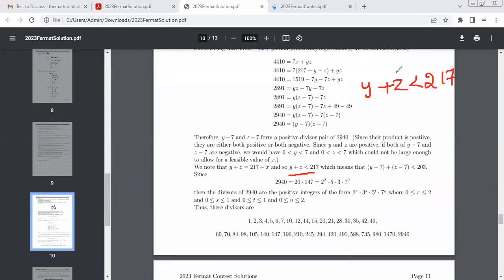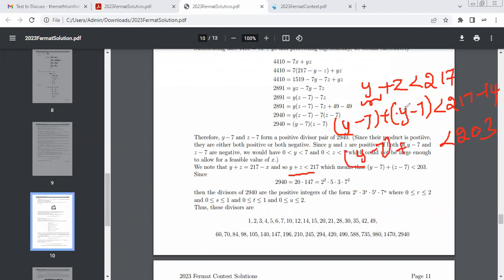Now they have just subtracted 7 from here, and again they have subtracted 7 from here. So together they are subtracting 14, right? If you're doing something on the left-hand side, you got to do the same on the right-hand side as well to maintain the balance, right? So 217 minus 14 will give you 203. Is it clear? So that is how you have y minus 7 plus, I mean, it's supposed to be z here, z minus 7 is lesser than 203. Do you understand this?